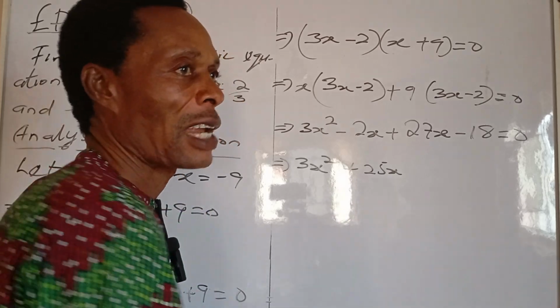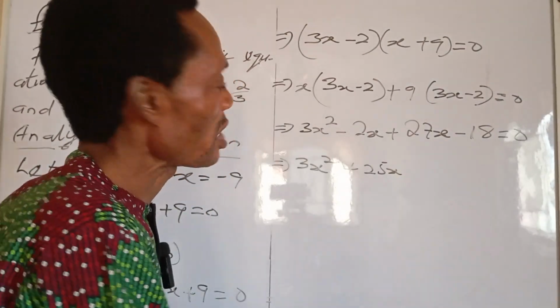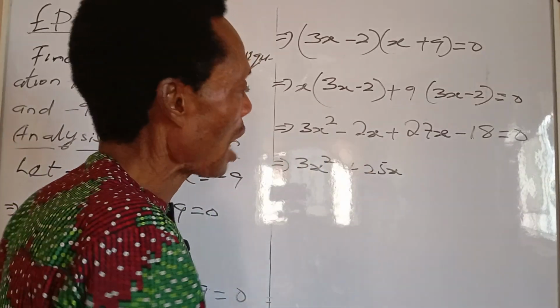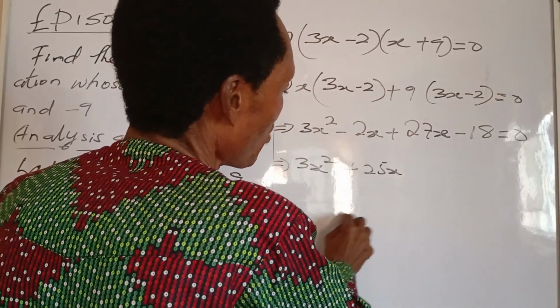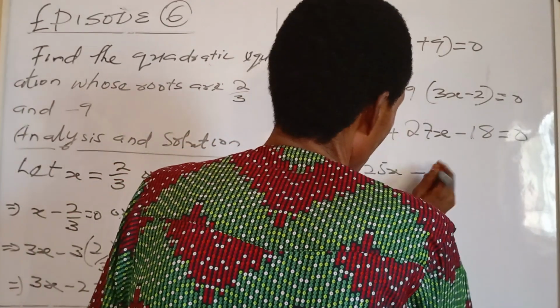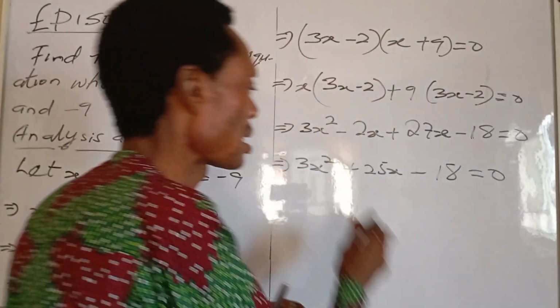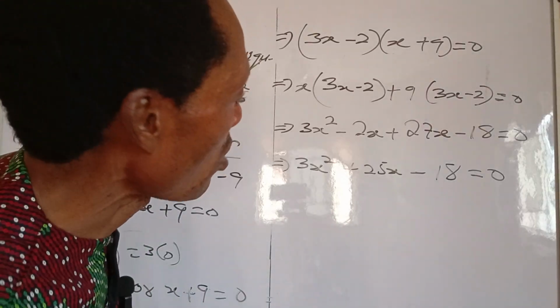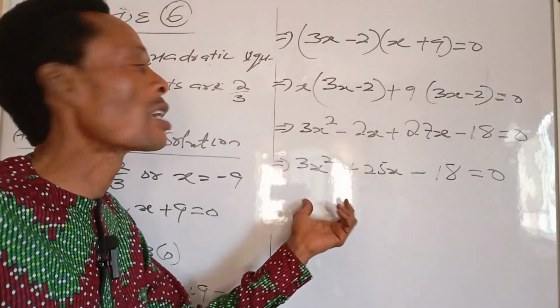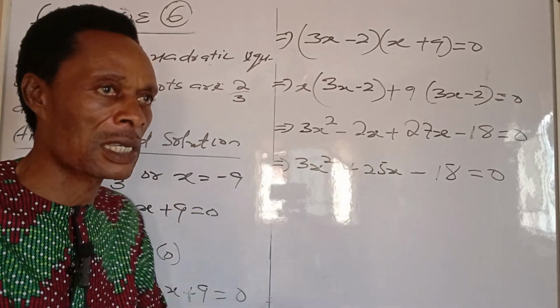Any value that is preceded by positive is greater than any value that is preceded by negative. You can equally write 27x minus 2x so that you will not be confused. This is 18 equals 0. I think this is the required quadratic equation. This is the quadratic equation through which the roots are given. I think that is up to this. Thank you.